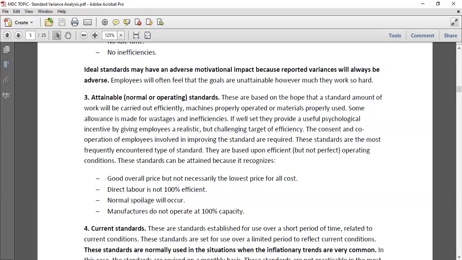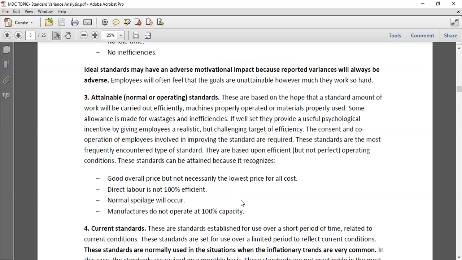They recognize that manufacturers do not operate at 100% capacity. They also say normal spoilage will occur, we shall always have spoilage. Direct labor is not 100% efficient. These are the allowances that they make when they are setting these standards.